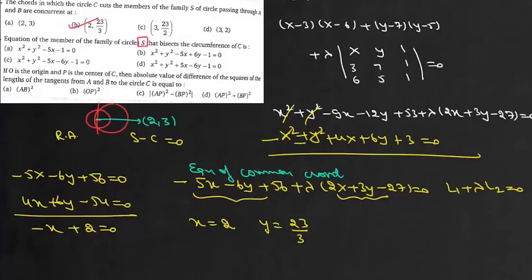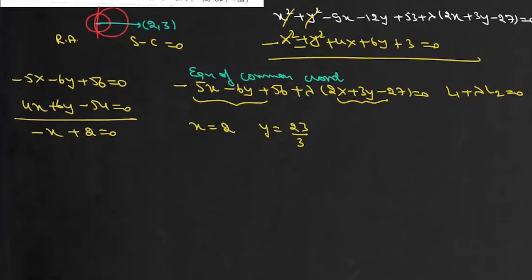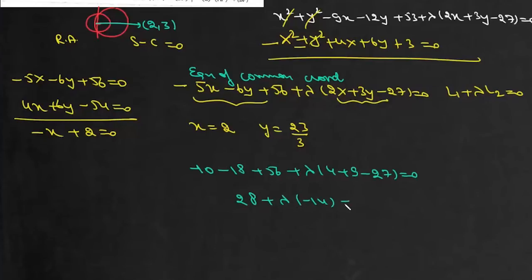So we'll put x as 2 and y as 3 to find the value of lambda. If we put x as 2 and y as 3, we'll get minus 10 minus 18 plus 56 plus lambda (4 plus 9) minus 27 equals 0. Now this is 28 plus lambda, and this is minus 14 equals 0. That means the value of lambda is 2. So we put lambda as 2.